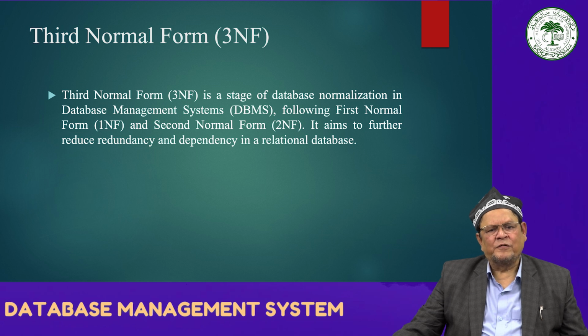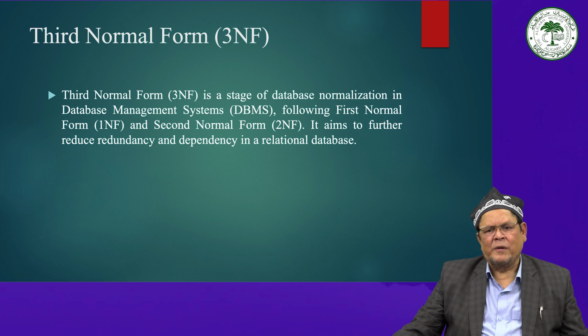Remove transitive dependencies. In third normal form, every non-prime attribute, that is, attributes that are not part of the primary key, must be non-transitively dependent on the primary key. This means that a non-primary key attribute should not depend on other non-primary attributes within the same table.